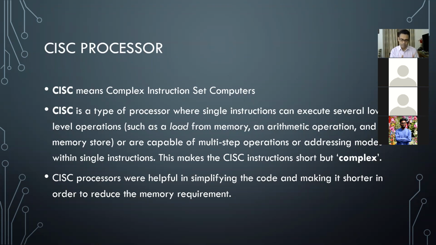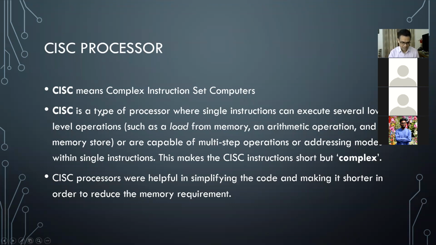But if you compare with the RISC processor, for the same add operation we need to write 3 to 4 lines. For example, we load one variable into one register, then load another variable into a second register, then add them, and then store the result again. So 4 lines are needed for the RISC processor.